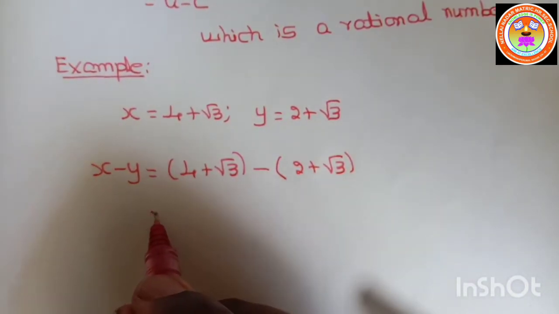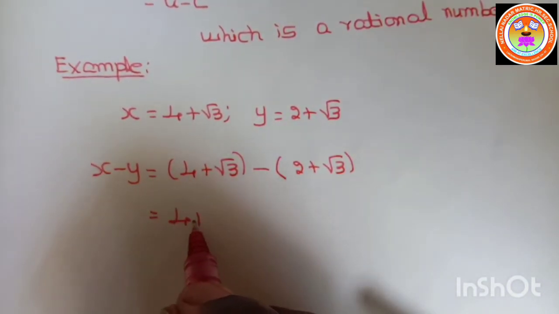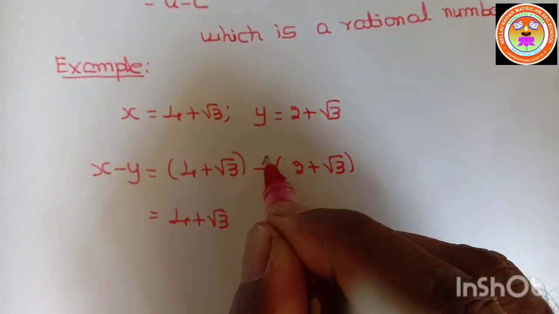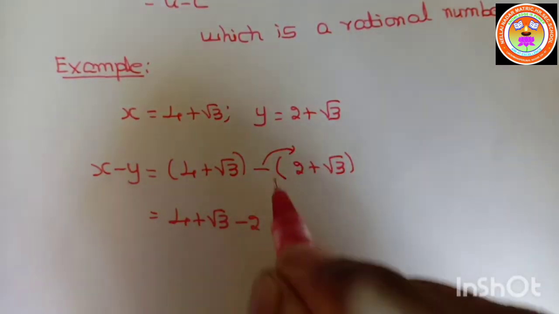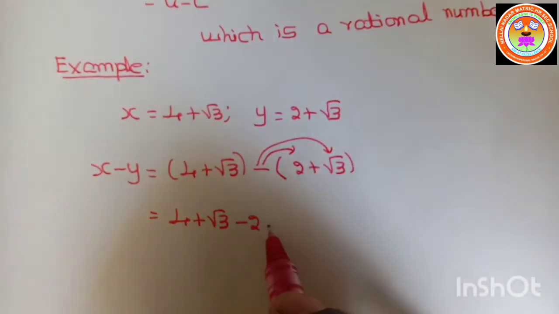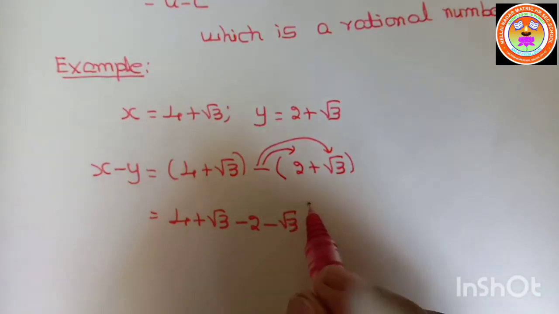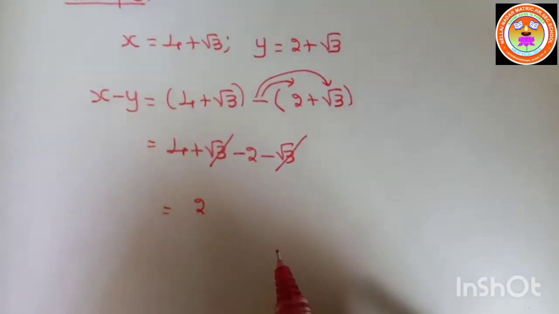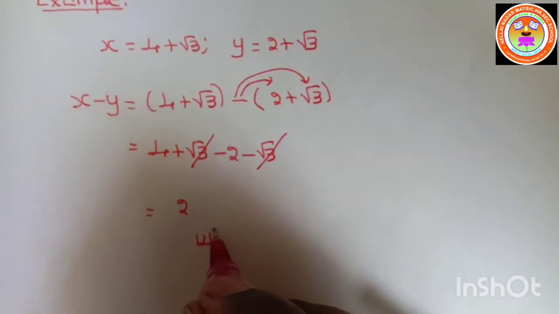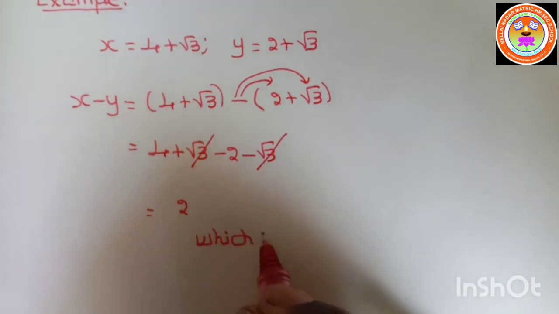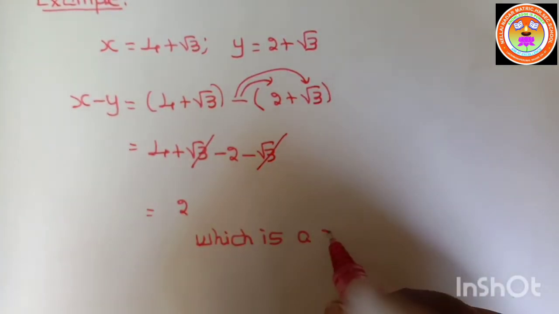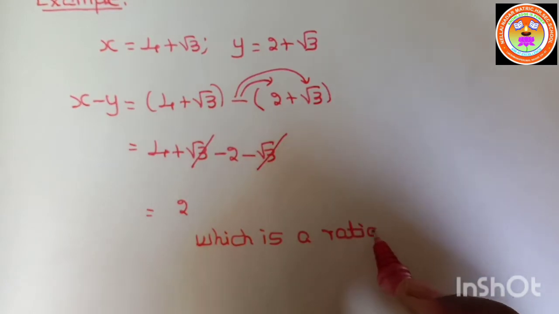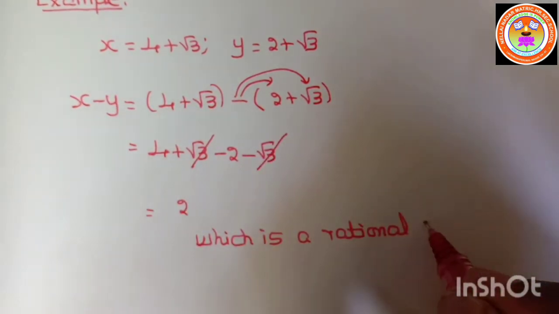Minus inside multiplying, 4 plus root 3 minus 2 minus root 3. Root 3 and minus root 3 cancel. 4 minus 2 is 2, which is a rational number.